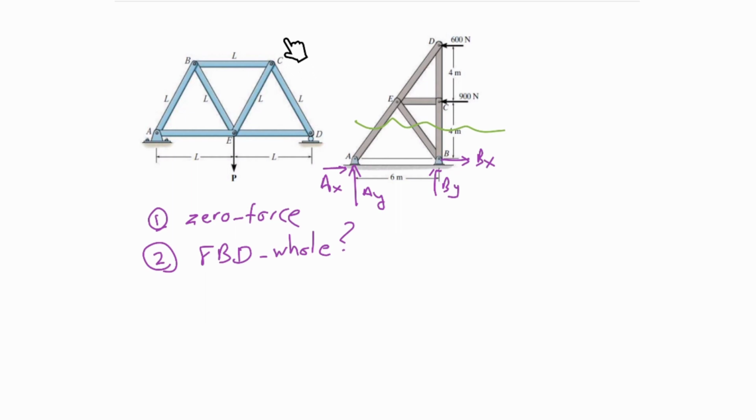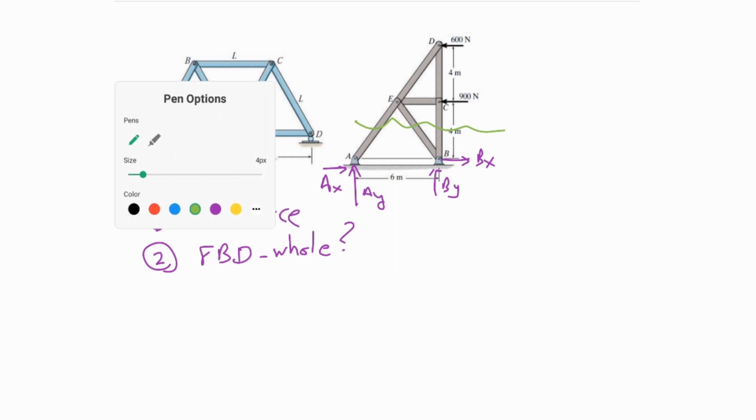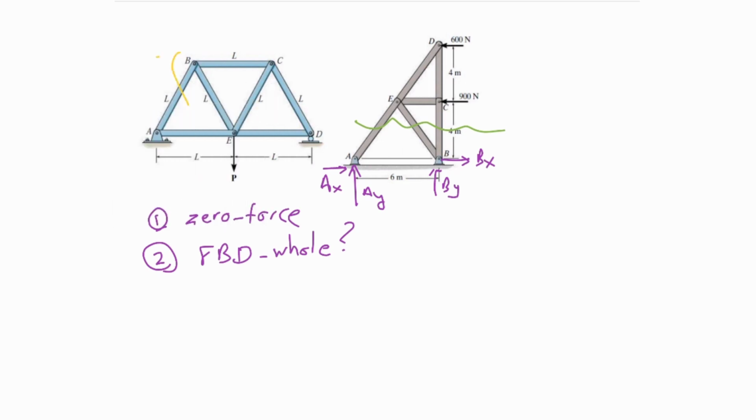Because if you cut somewhere like this, for example, if you do a cut here, let me show you what is that cut. It's like this. You would have two unknowns here and two unknowns here. You cannot find your answer. And here the same. You cannot do a cut without having the reaction forces. For example, if I do a cut over here, that would be like this. And if you don't have this, you cannot find these three unknowns.